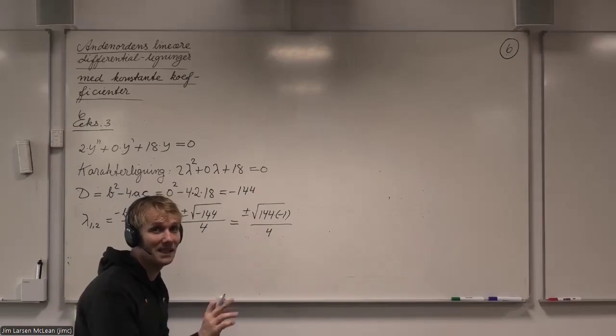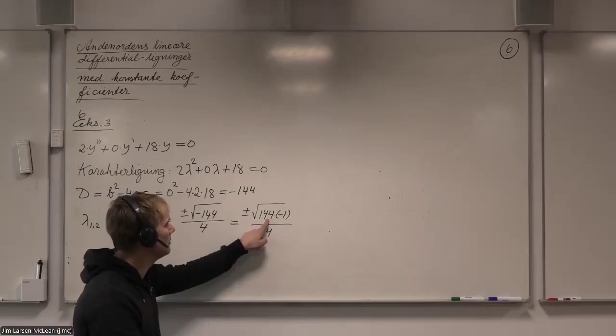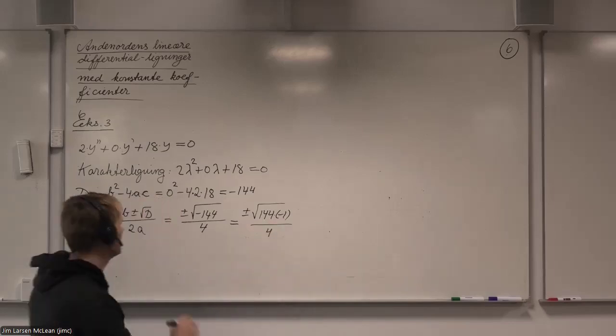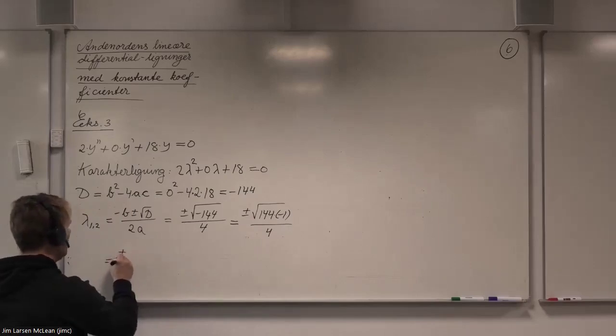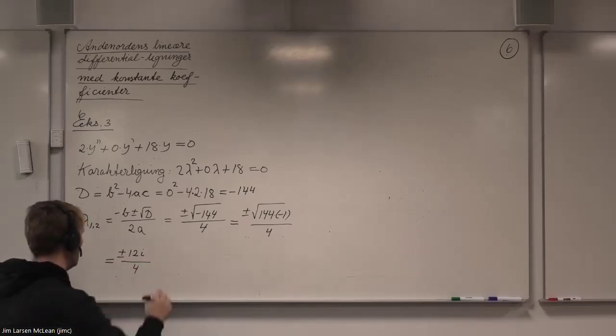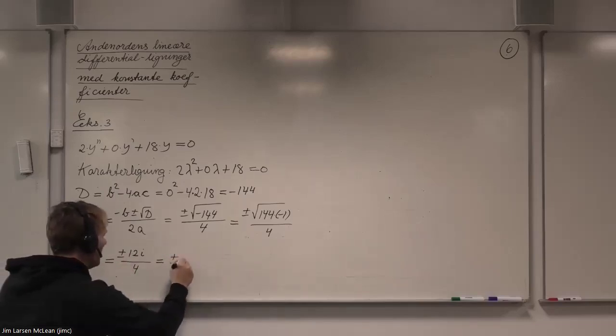This holds true for real numbers. And the square root of 144 is 12. And the square root of negative 1 is the imaginary unit i. So therefore, it becomes plus or minus 12i. That gives us divided by 4. Fortunately, 4 divides evenly into 12, so it gives plus or minus 3i.